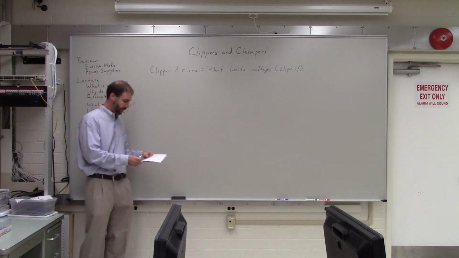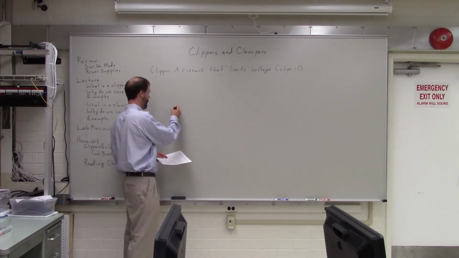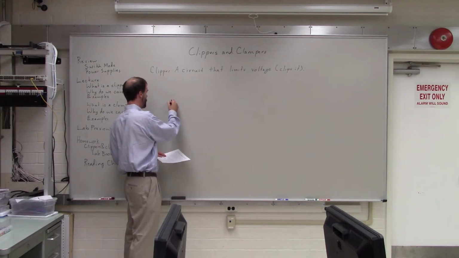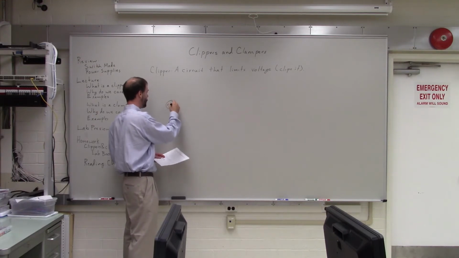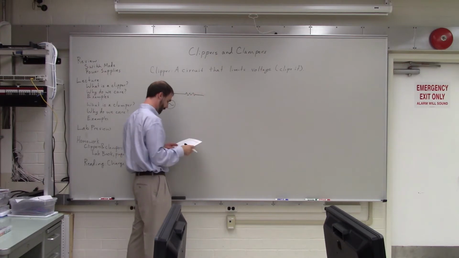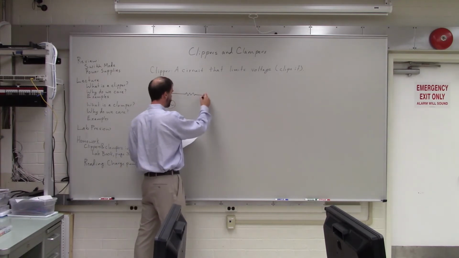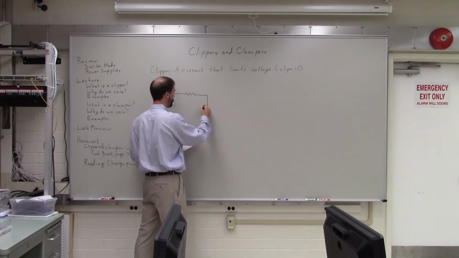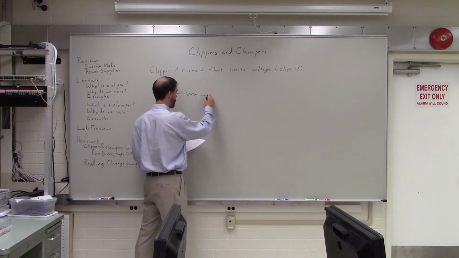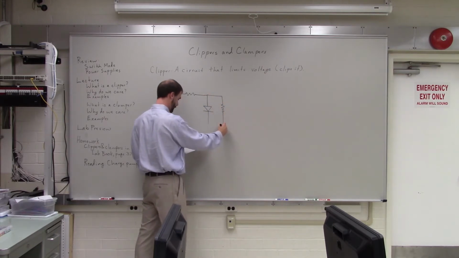One of the simplest types of clipper circuits looks like this. Say you have an AC signal coming in here, and you've got a resistor, and then a diode, and another resistor over here.